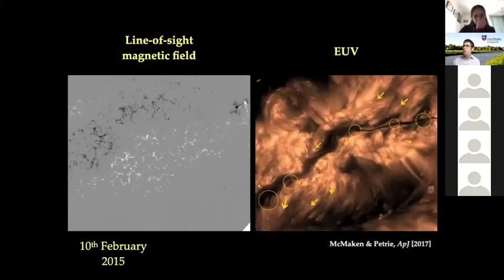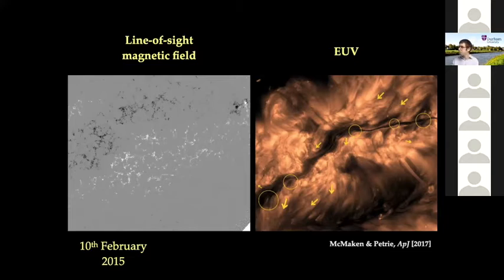If we zoom in closer, you can see that there's more structure visible in the EUV. And if you have a good connection here, you might be able to see these plumes or fibrils that you see in the EUV. They're indicated by the yellow arrows in this right-hand picture.